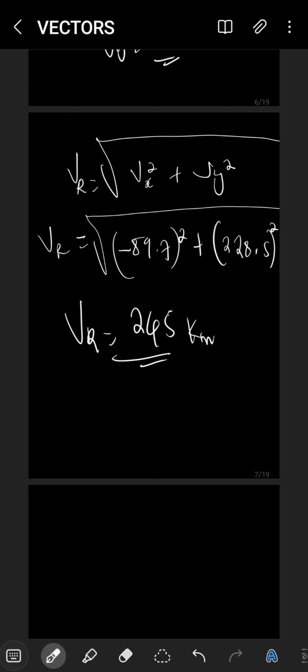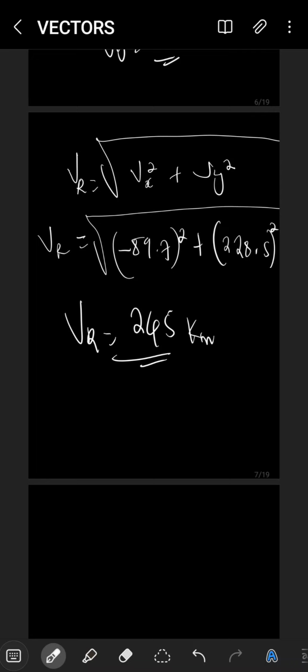But without such specifications, you can just stick to three significant figures, unless you have been given some sort of specificity. Otherwise, it is okay just to do that. Okay, so that's our magnitude.